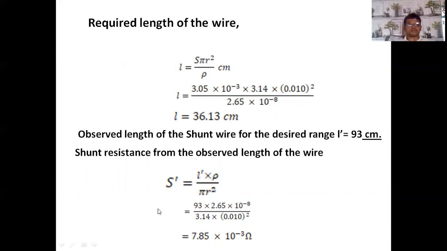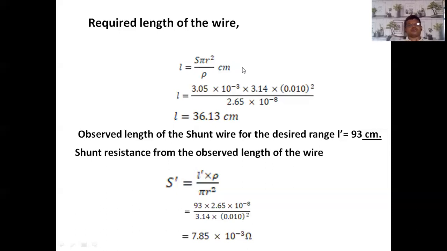After solving the equation, L dash we have 93, we put here directly. Density we have 2.65 multiplied by 10 raised to minus 8 power, pi again 3.14, and R is again the radius of the wire. After solving the equation, we find the final answer, which is equal to 7.85 multiplied by 10 raised to minus 3 power.